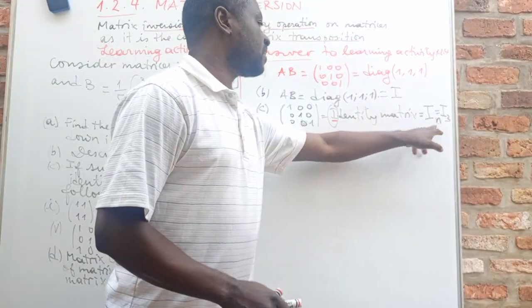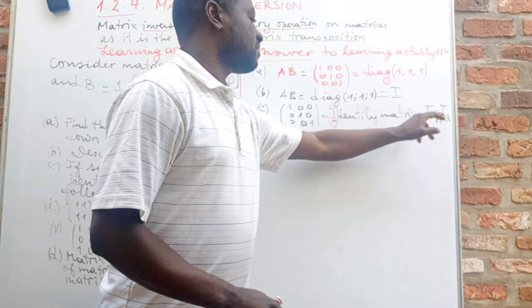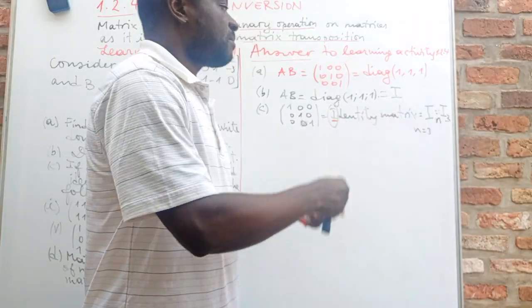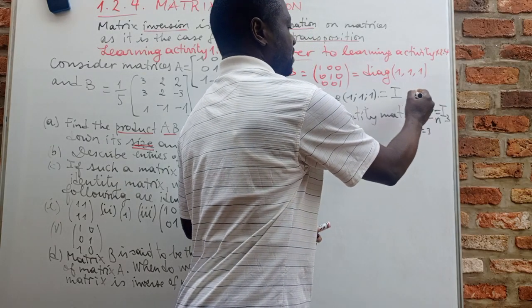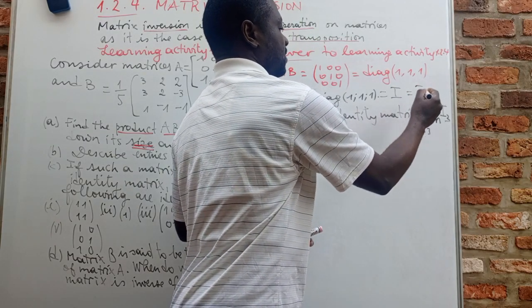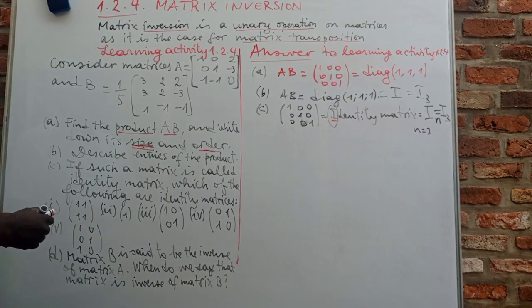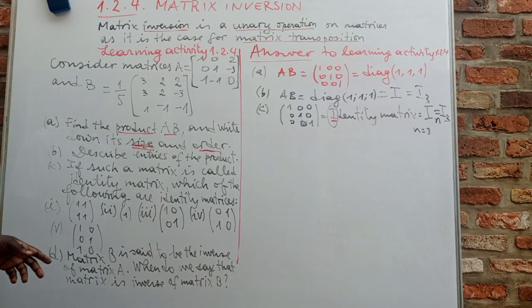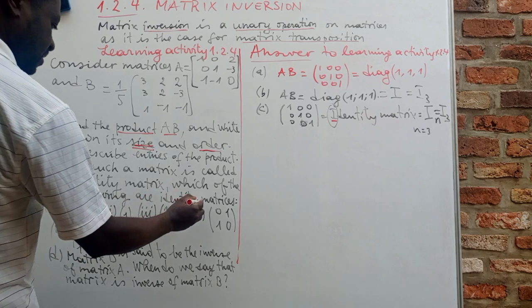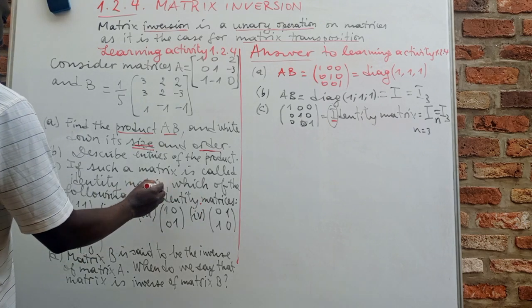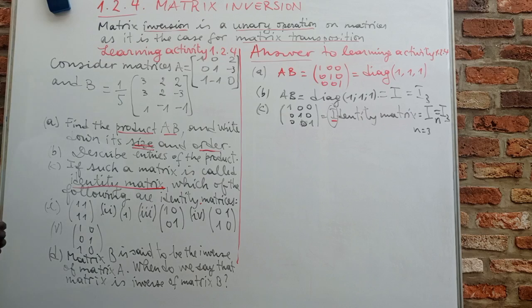But as the order is of some importance, you can put it, like I3 in this case. Now, it is called an identity matrix.